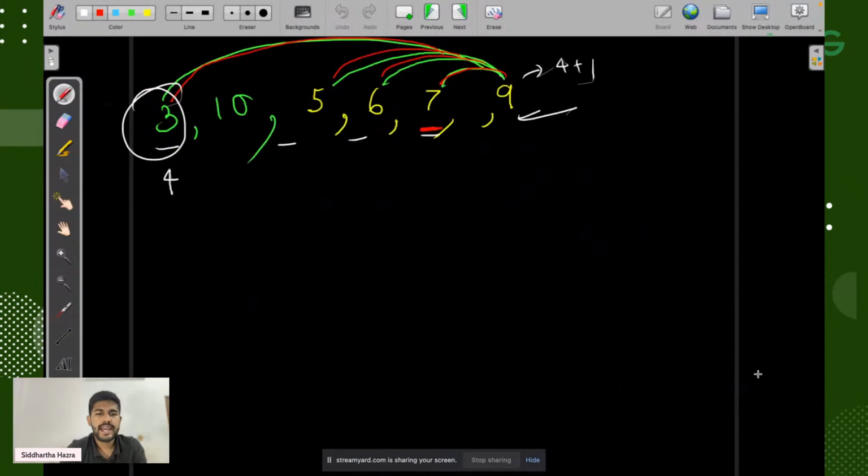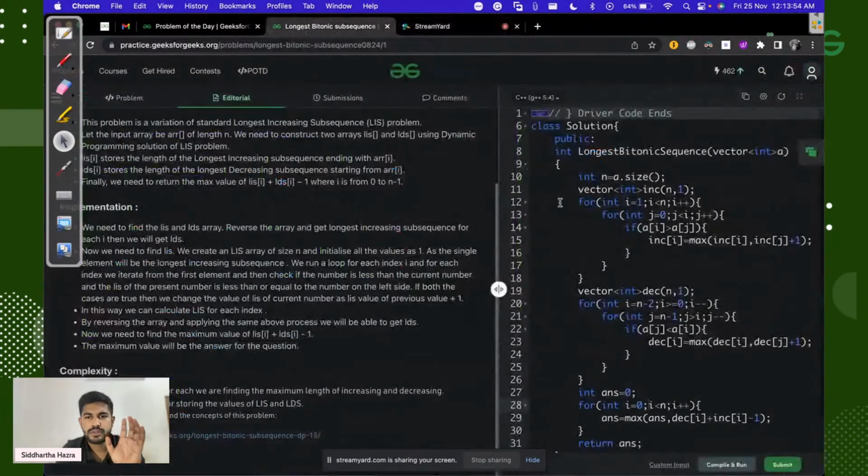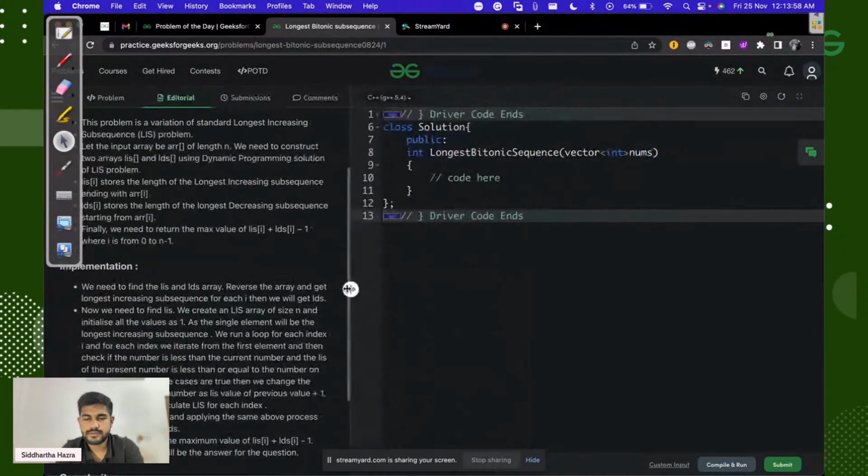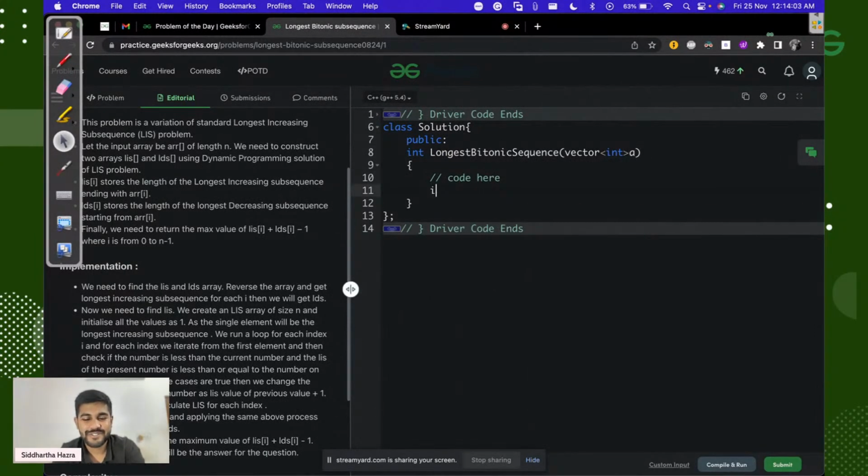So now what I can do is solve this problem, longest increasing subsequence. Let us just implement this part of it. I would just have it as a because of my habit.